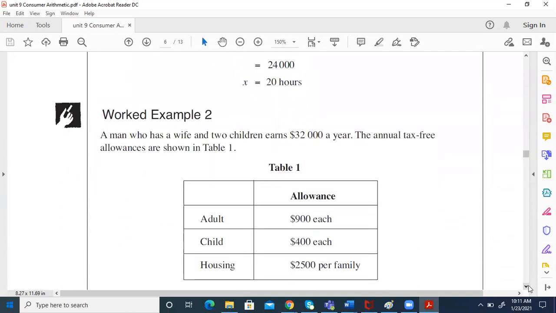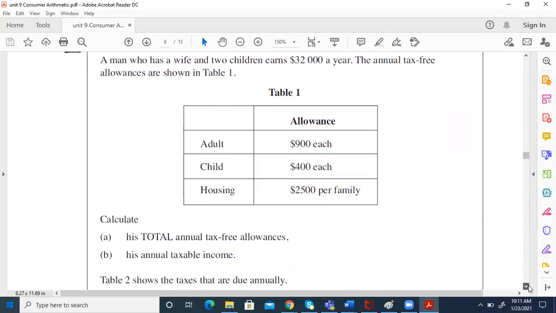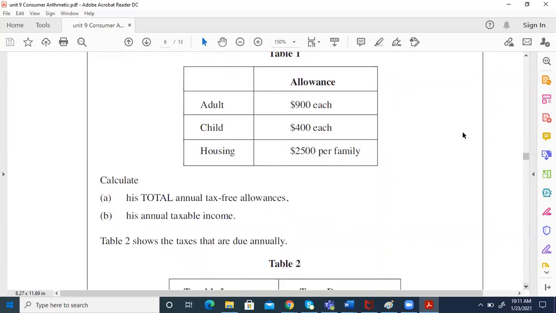So this note says a man who has a wife and two children earns $32,000 a year. Annual tax-free allowances are shown in table one. So let us see if we can pull up table one and table two.